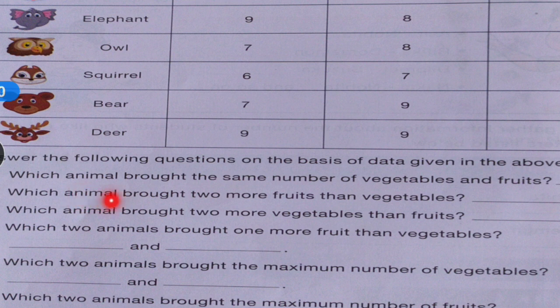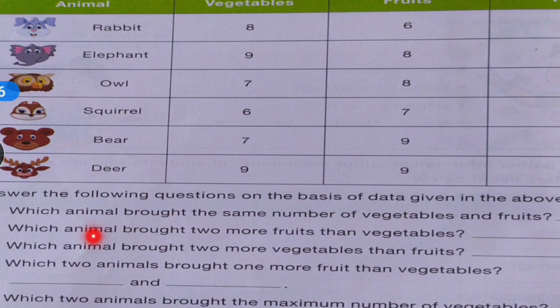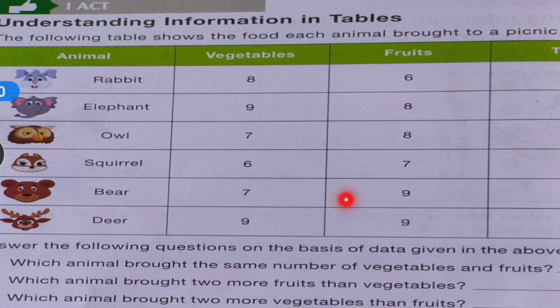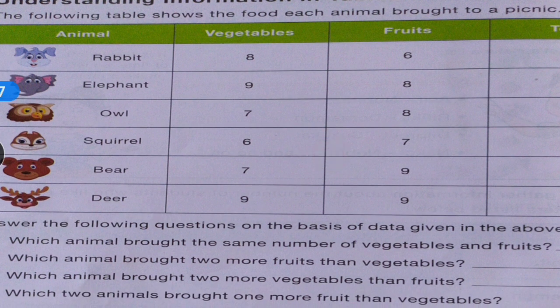Second question: which animal brought 2 more fruits than vegetables? Now you have to look at the fruit column and the vegetable column and compare here. Which animal brought 2 more fruits than vegetables? The fruit number should be more than the vegetable number.